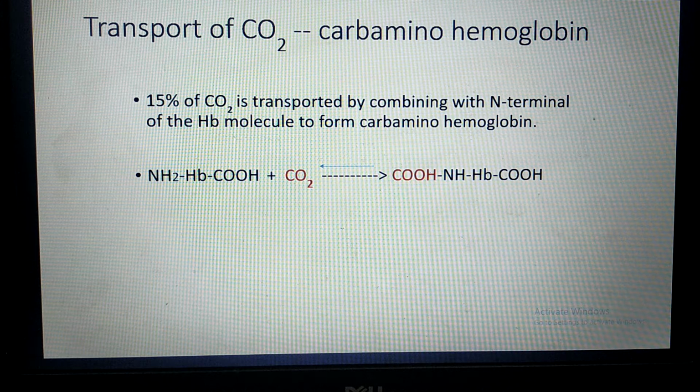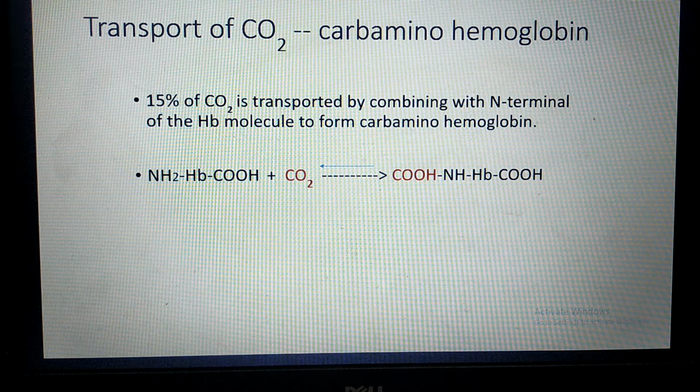All of us know that each protein has two ends, the amino terminal, which is also called the N-terminal, and the carboxyl terminal or C-terminal. At the N-terminal, the amino group is free. So, carbon dioxide combines with this N-terminal to form carbaminohemoglobin and is transported through the blood.